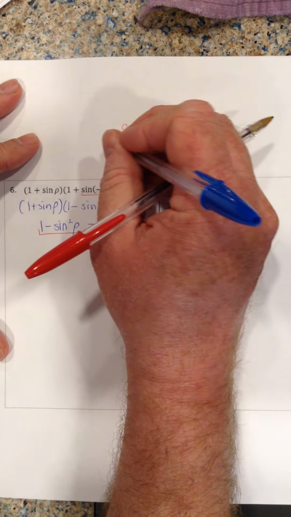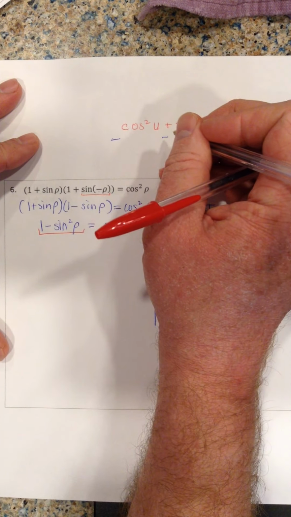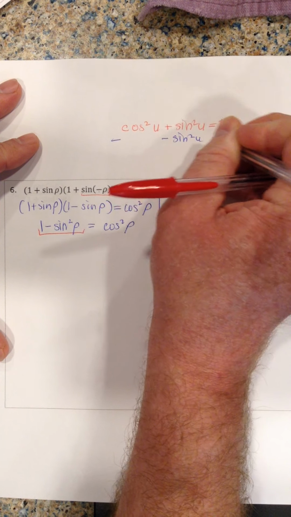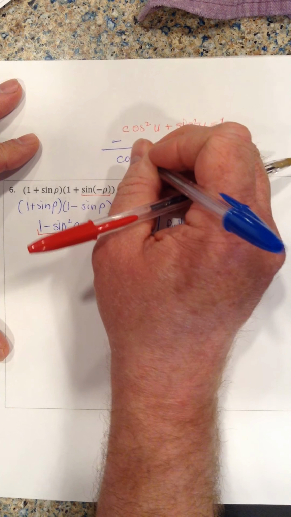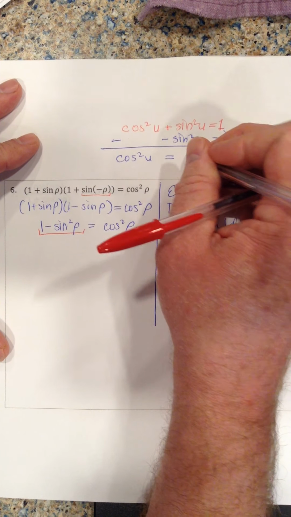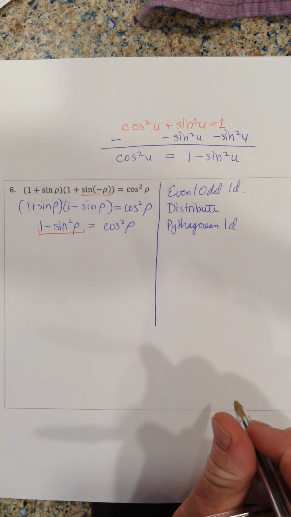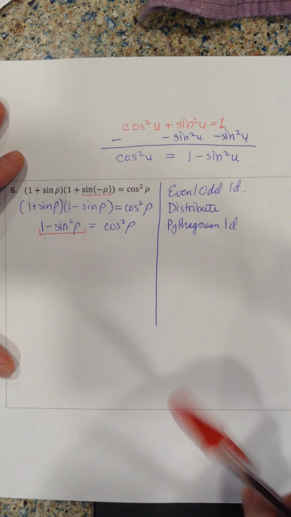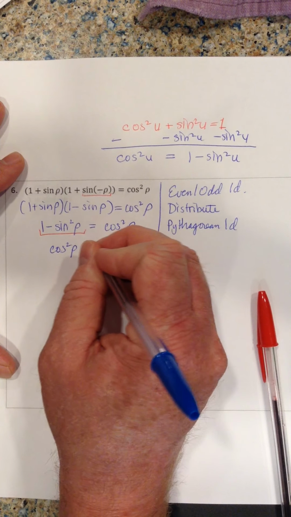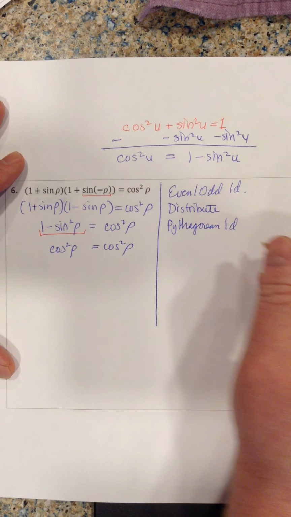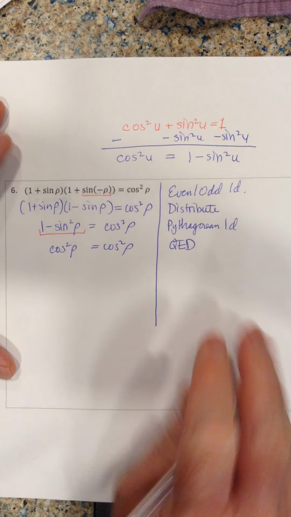And then if I subtract sine squared of u from both sides, I get cosine squared of u equals 1 minus sine squared of u. Okay? So this here is really cosine squared of rho. So I have the same thing on both sides of the equation, so that's proven. So QED, it has been proven.